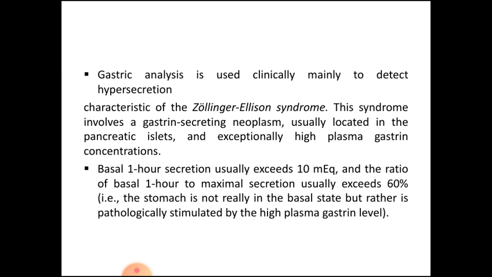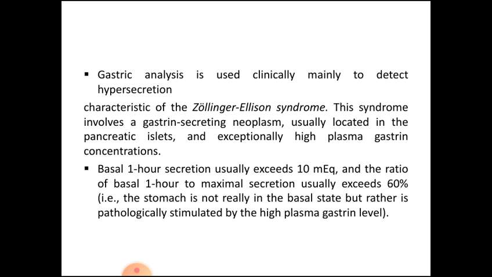The basal 1 hour secretion usually exceeds 10 milliequivalents, and the ratio of basal 1 hour to maximum secretion usually exceeds 60%.